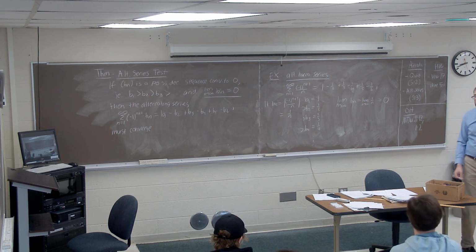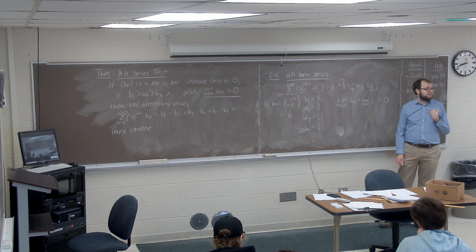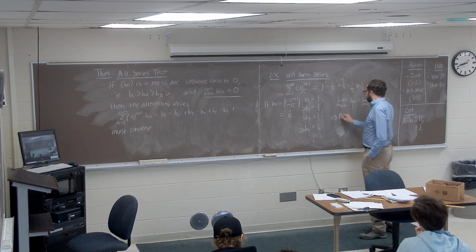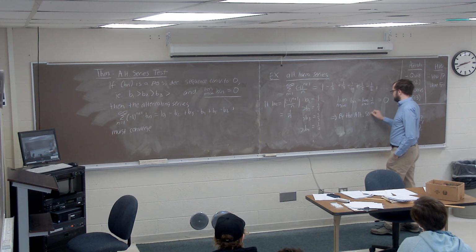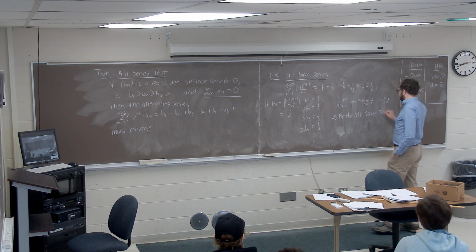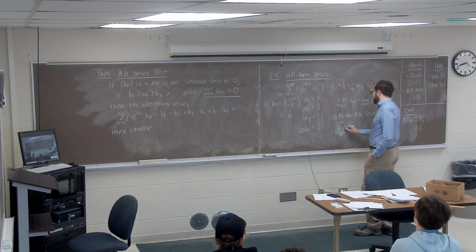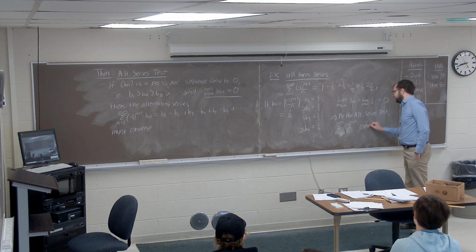Anna, what's that going to tell us then about the alternating harmonic series? It converges. It has to converge by the alternating series test. The sum from n equals 1 to infinity of (-1)^(n+1) over n converges.